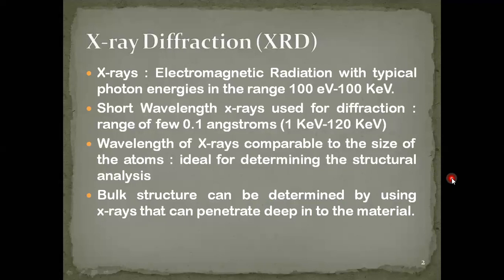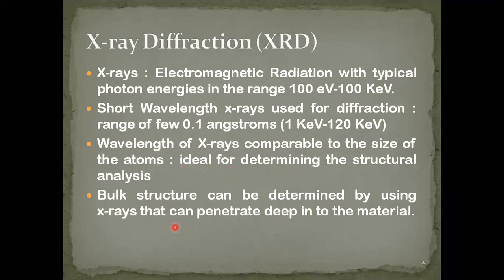X-rays are electromagnetic radiation with high energy photons, from 100 electron volts to 100 kilo electron volts. But for X-ray diffraction, for all diffraction purposes, we use only the short wavelength X-rays, because the wavelength of the X-rays is comparable to the size of the atom. So the wavelength of the X-rays is comparable to the size of our atoms, which is ideal for determining the structural analysis.